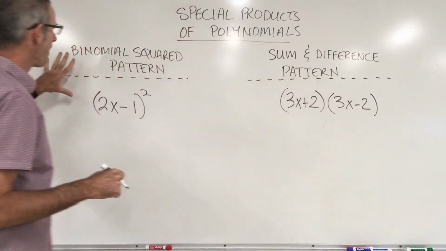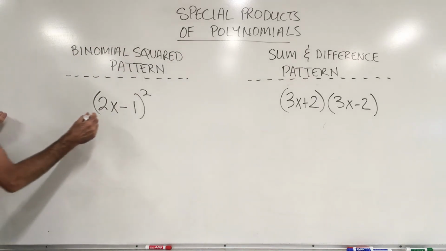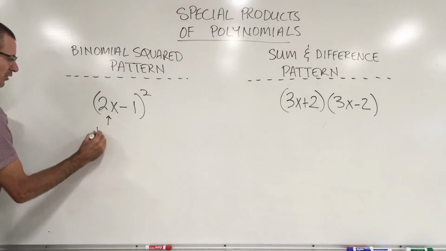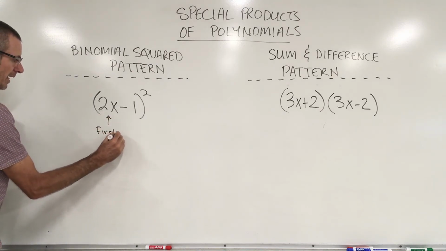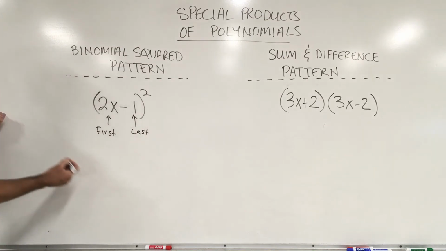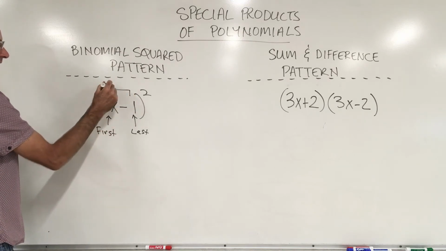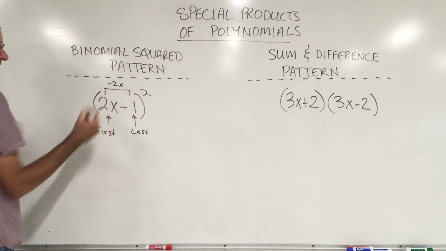So we're going to start out with the binomial squared pattern. The binomial squared pattern goes like this. You have to identify that this is your first term and this is your last term. And then you're also going to need to know that the first times the last is negative 2x.